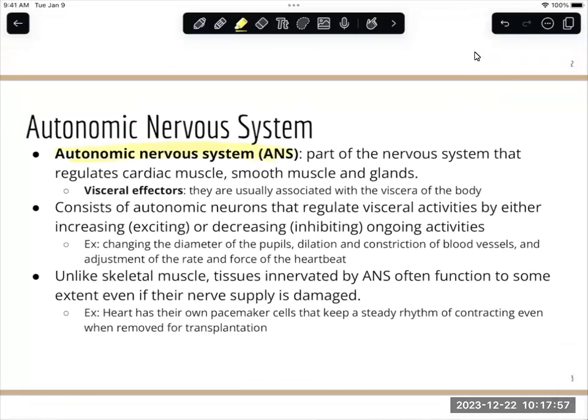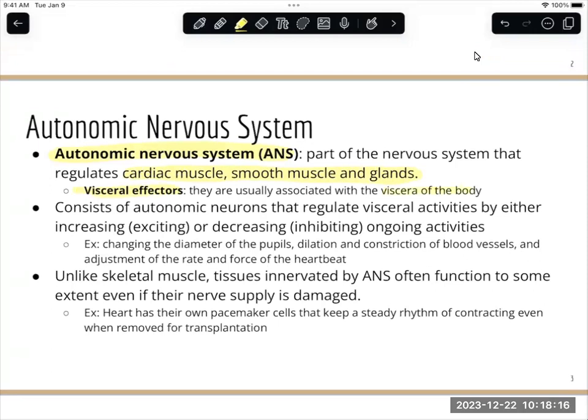This is a nervous system that regulates cardiac muscle, smooth muscle, and glands. This is something that we do not have control over. The responses are these visceral effectors.